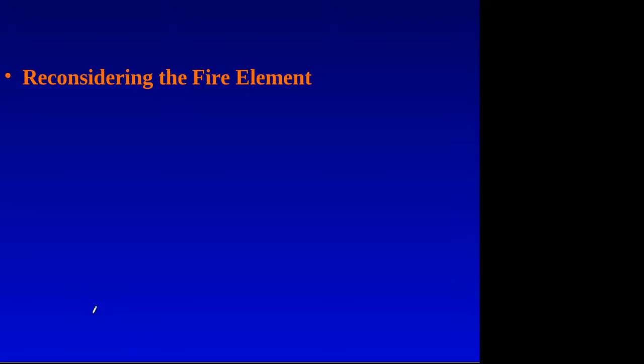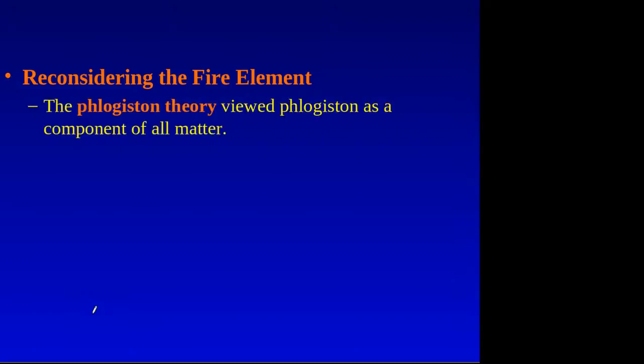Early philosophical science. And so there was this idea that fire was this thing called phlogiston. And it built all matter. And in a way, people were actually observing energy and the effects of energy. But they would call it fire.